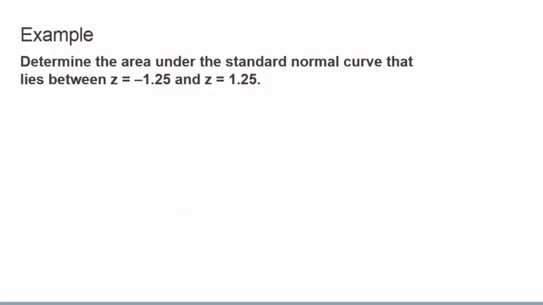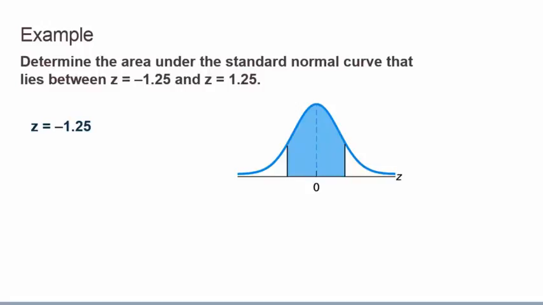Example: determine the area under the standard normal curve that lies between z equals negative 1.25 and z equals 1.25. We have our picture of the standard normal curve. This time we have two lines and the shading is between those lines. For z equals negative 1.25, we want to find our area using the table.